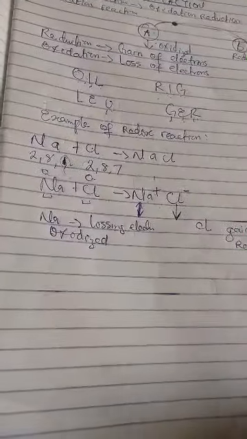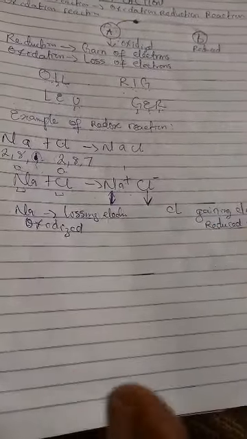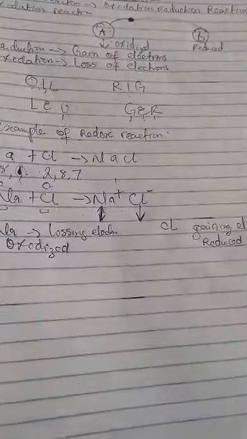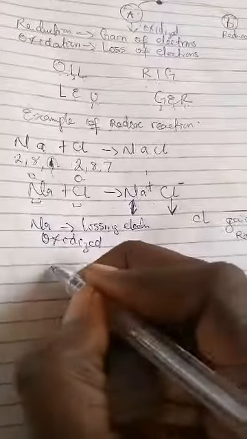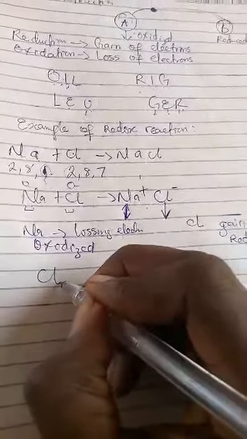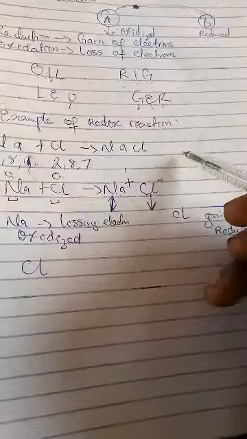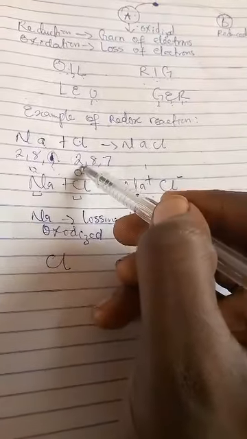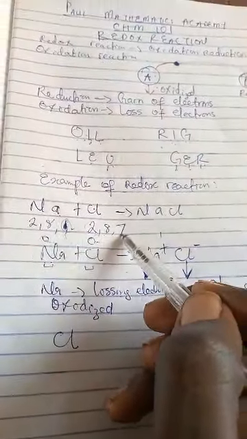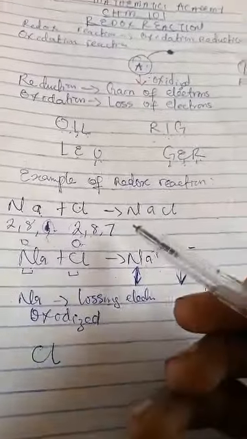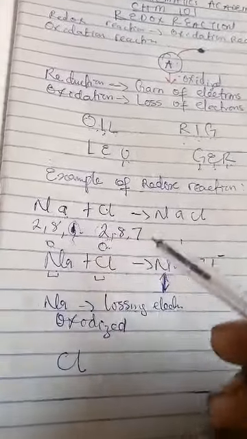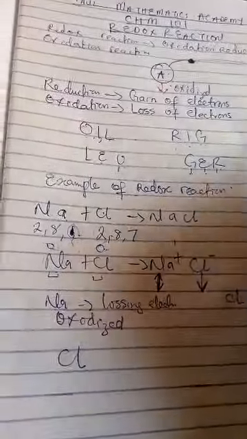Then let me write out the chemical equation for this kind of oxidation and reduction. Now let me start with chlorine. Chlorine needs one more electron to complete its electronic shell.